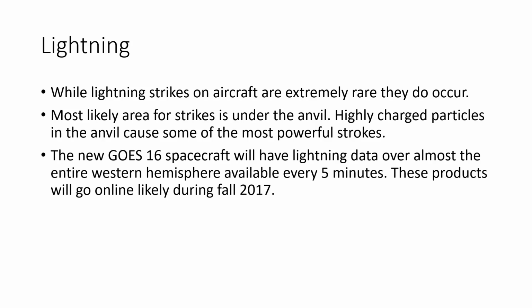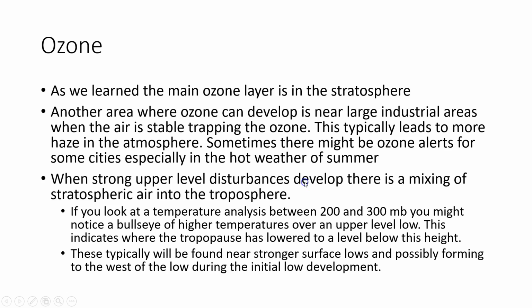These products will be available every 5 minutes. And it's not just cloud to ground lightning, which we've always recorded. It's in-cloud lightning as well. So it'll give you a really good depiction of where the lightning is, and what areas you need to avoid.